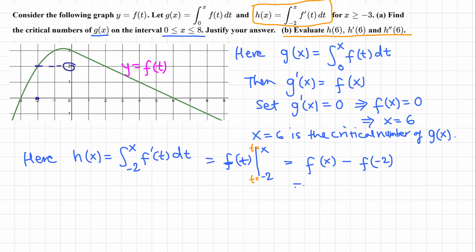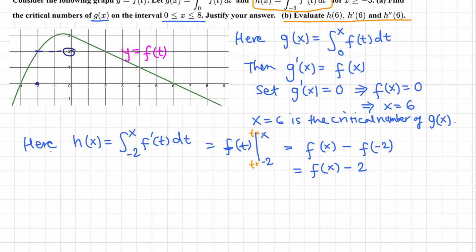So this is simply f of x minus 2. The function value at negative 2 is 2. So that's h of x. Let me write one more time: we just found that h is f of x minus 2.